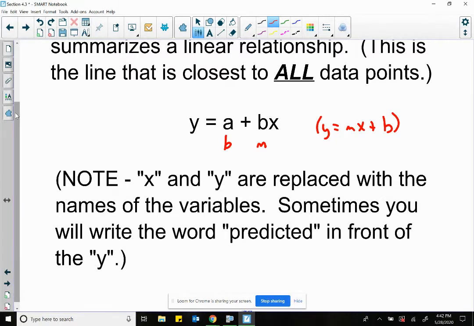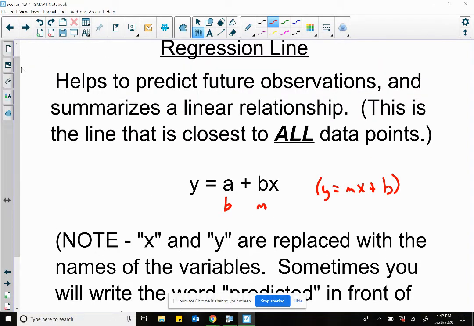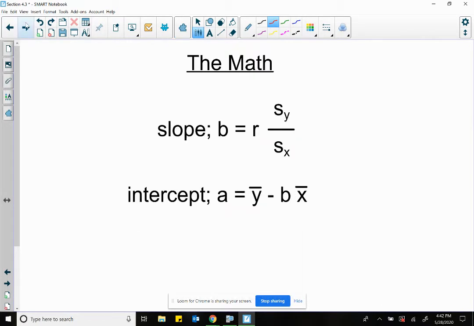So that's about regression. And 4.3 is all about regression. And we're going to talk about what this variable A, which is representative of the y-intercept, really means and how it's found. And what this variable B, which is representative of the slope, how it is found and what it means, because that's the next slide.